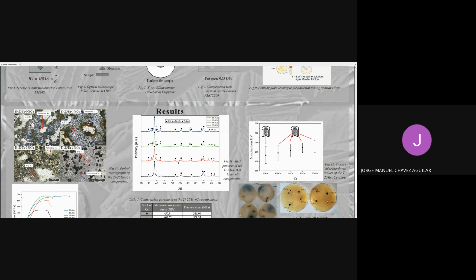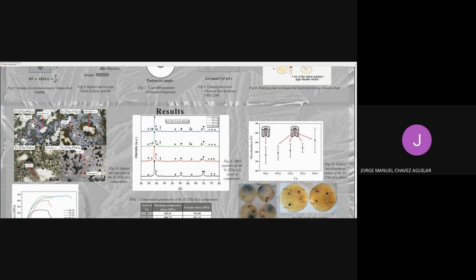Also, in the structural analysis, we found the proofs of the BCC structure stabilization of titanium, with the presence of the alpha titanium phase, which corresponds to the biphasic microstructure observed in the microstructure analysis. With the copper addition in the outer layer, we observe the formation of titanium copper intermetallics.